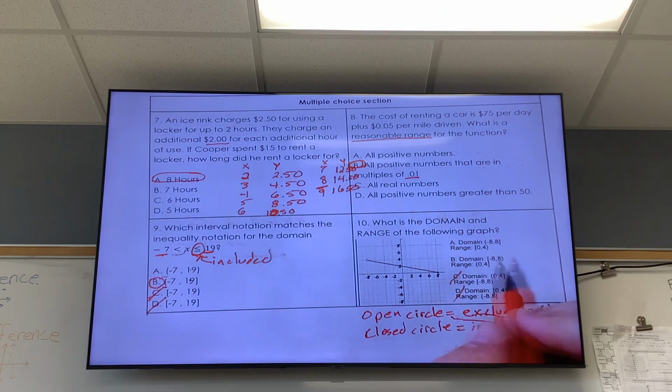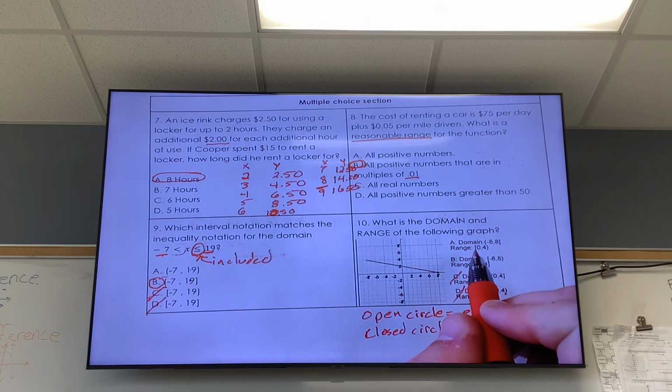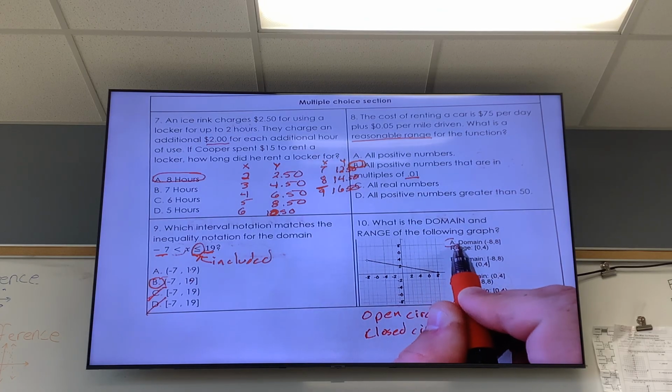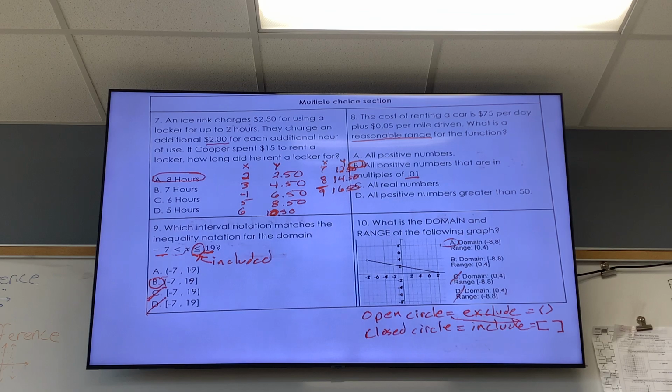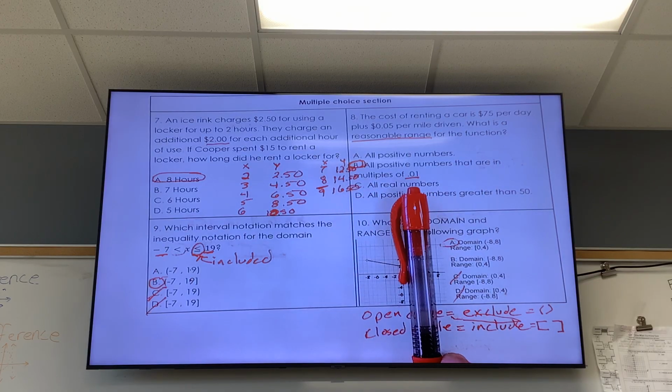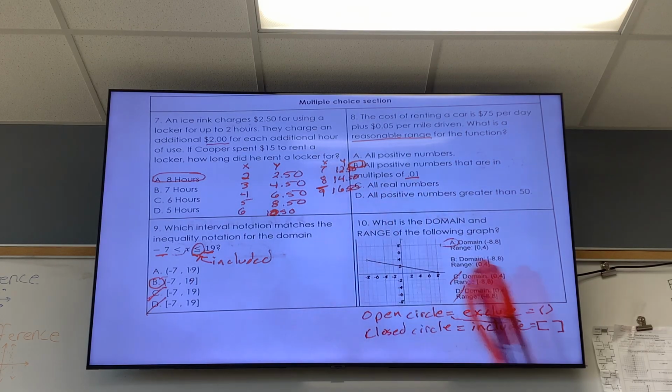Okay, there is only one answer that has a domain of -8 with a parenthesis, and that is A. Okay, to check it, we can continue along. We notice that our +8 is included. We use a bracket for our +8 for our domain, so we're right again.